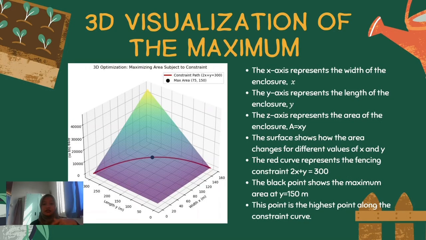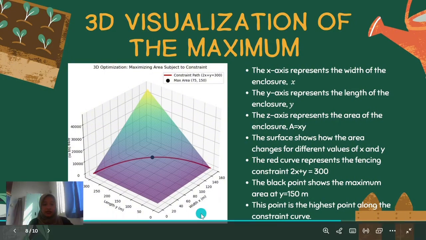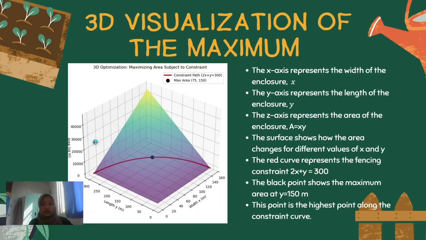So next, visualization of the maximum. Okay, so this 3D surface plot helps us to visualize how the area changes when the width and length change. Here, the x-axis represents the width and the y-axis represents the length of the enclosure. And the z-axis represents the area, which is calculated using the formula x times y. The curved surface shows all the possible area values for different combinations of width and length.